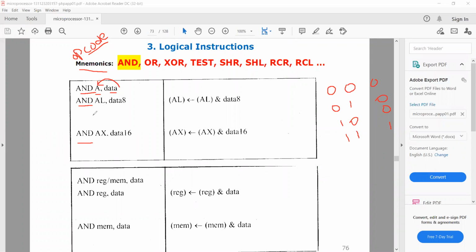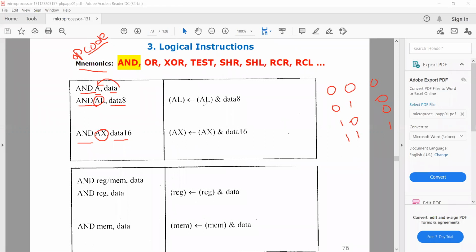The data might be either 8-bit or 16-bit. If you are using 8-bit data, you can use the AL register, which carries 8 bits. If you are using 16-bit data, you can go for the AX register, which carries 16 bits. That you are very familiar with.